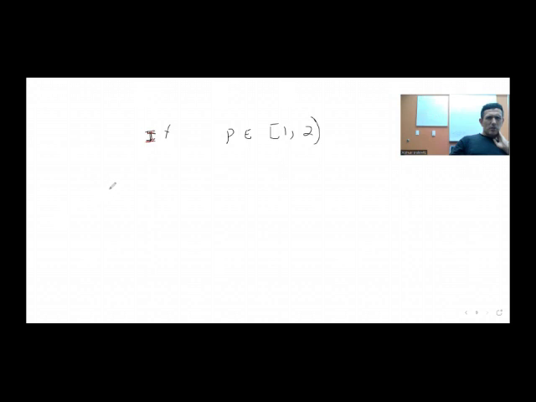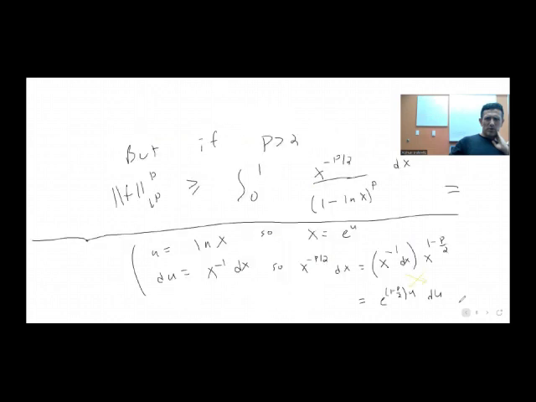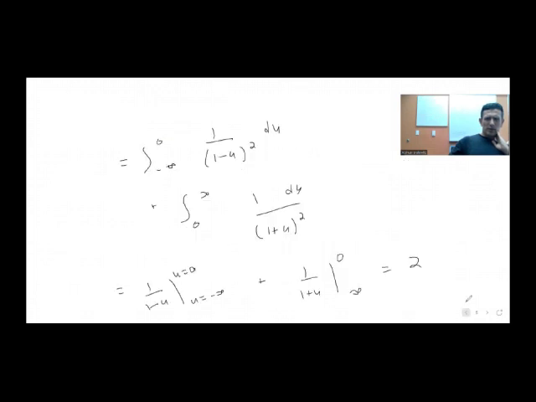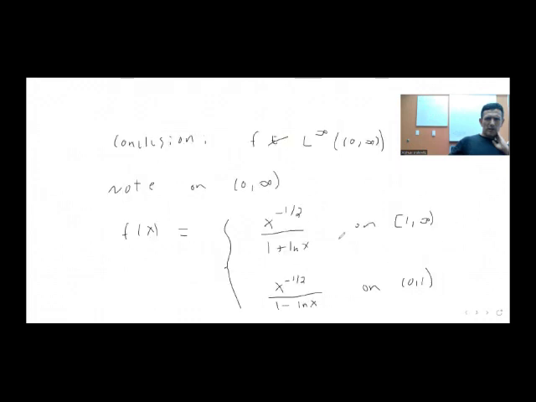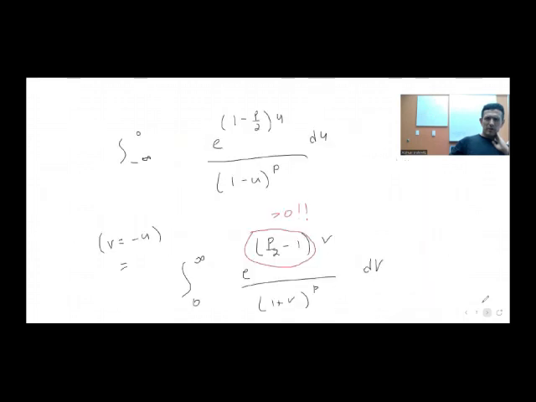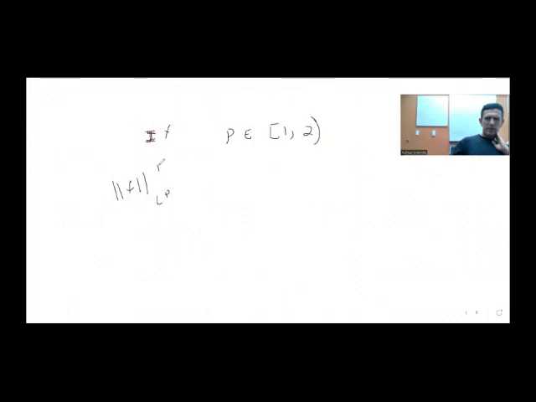We're going to do the same thing, but I'll go a lot quicker because this whole u substitution is already done. We're just going to look at 1 to infinity for p between 1 and 2. So the integral from 1 to infinity of x to the minus p over 2 over 1 plus... I have that other problem in my head for some reason.